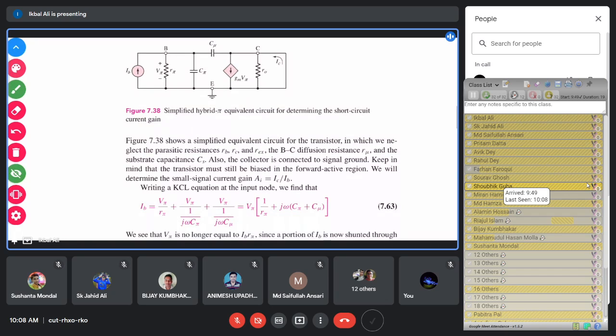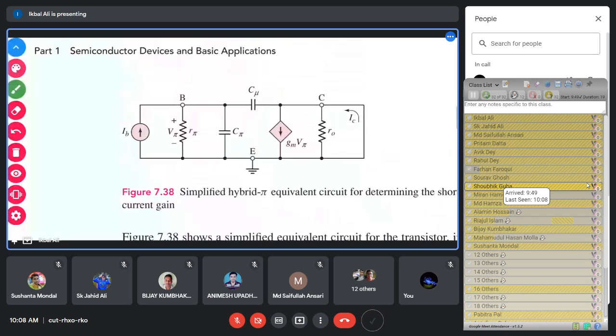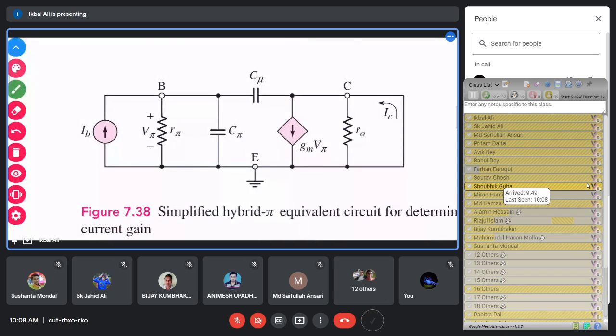Now we will apply the KCL equation. First, the circuit theory laws: we will apply the KCL equation at the input node. So the KCL equation at this point, the input point B. Base is the input of the transistor, and this base node is the input of the transistor.